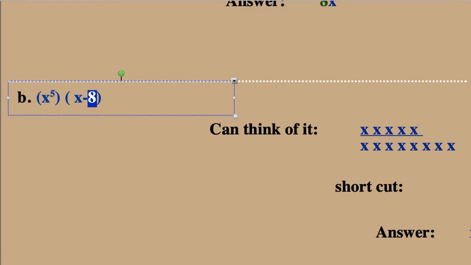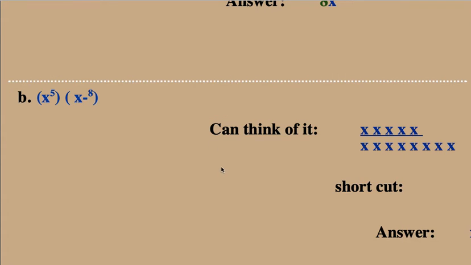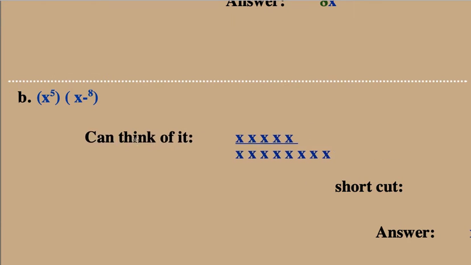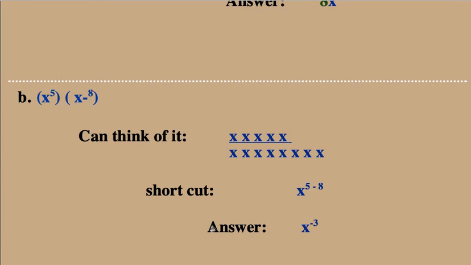But as you're thinking about this one, you probably already have the answer for it. If you think of this x to the 5th, you've got 5 x's on the top, and then you've got 8 on the bottom. Shortcut: it's basically 5 minus 8, and you're going to get a negative 3.